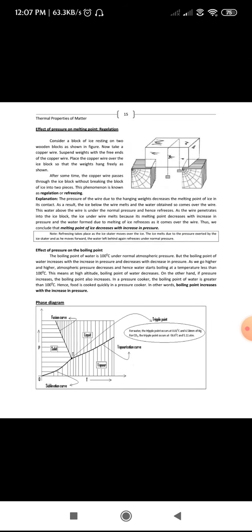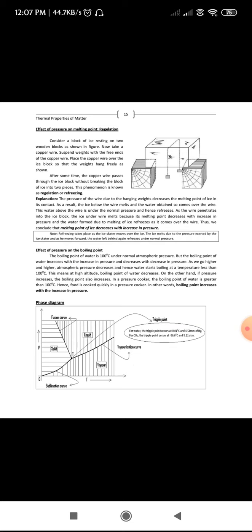Next, coming to regelation. Regelation is nothing but refreezing. We took an ice block placed on a wooden block, and a copper wire placed on the ice block, with both free ends of the copper wire suspended by weights. Due to that, pressure is exerted on the ice.